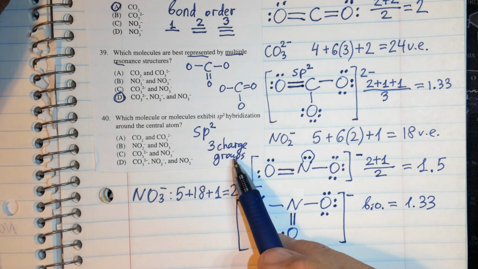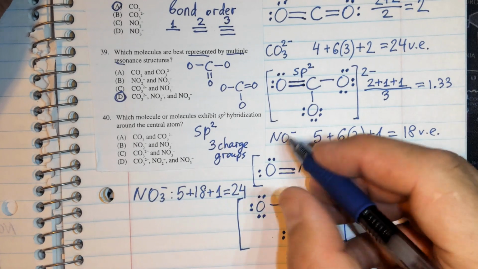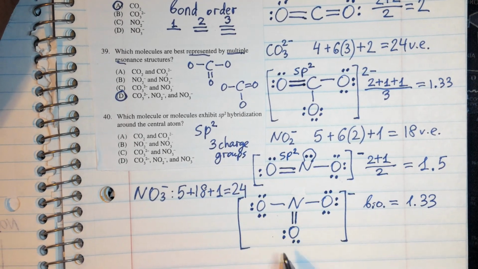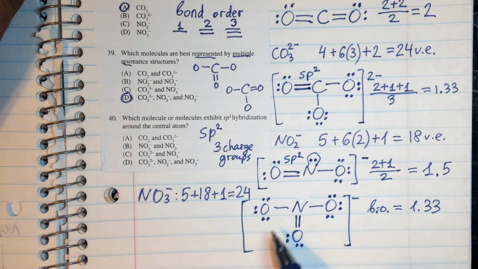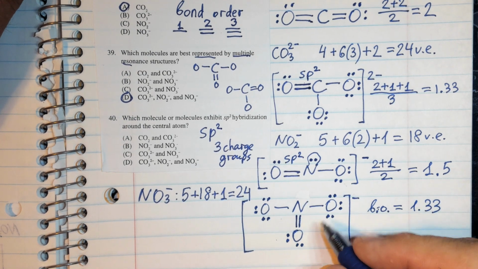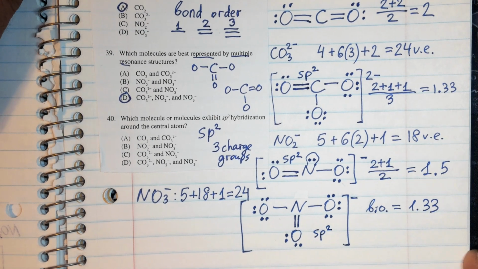So yes, you have 3 charge groups around the central atom, and yes, this structure is also sp2 hybridized. And the last one is NO3. Yes, you have 3 charge groups around the central nitrogen, no lone pairs, but you do have 3 charge groups. So that's also sp2 hybridized structure.